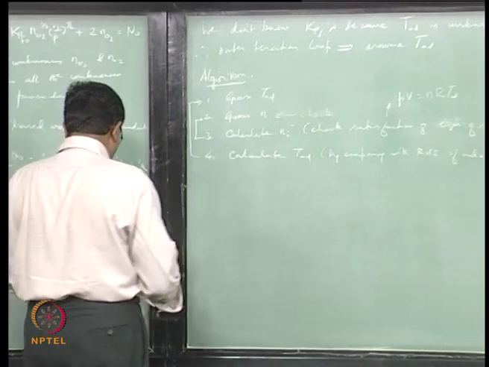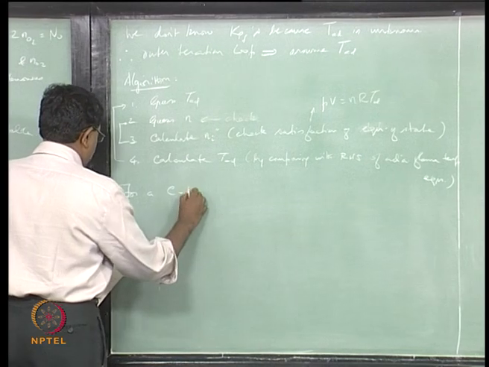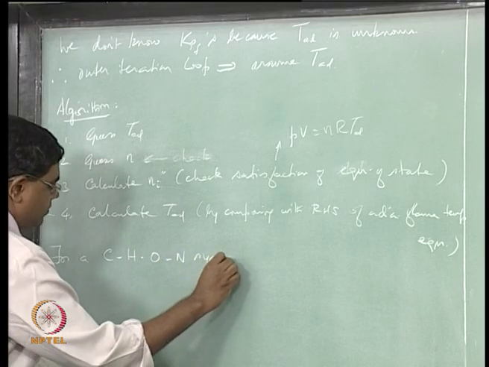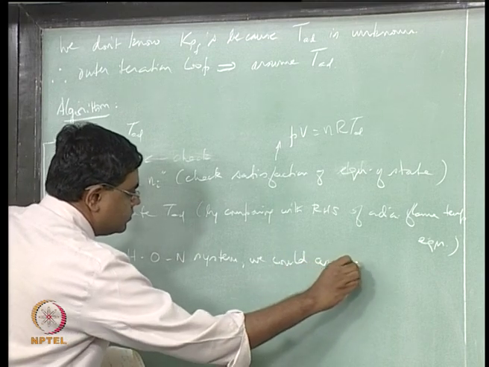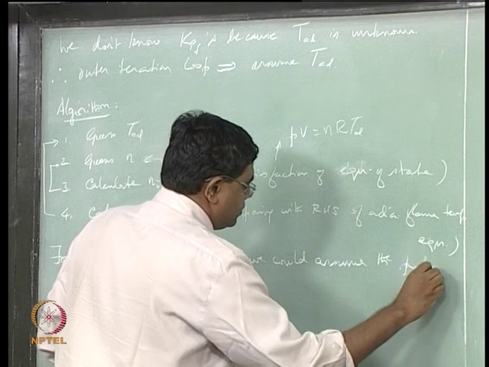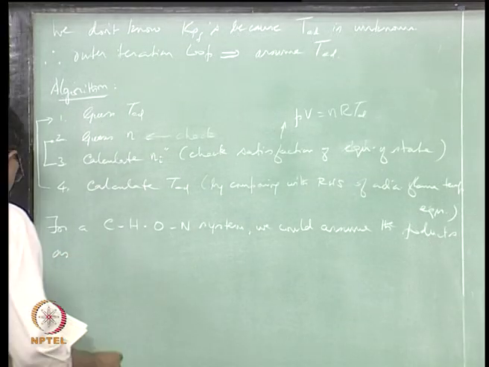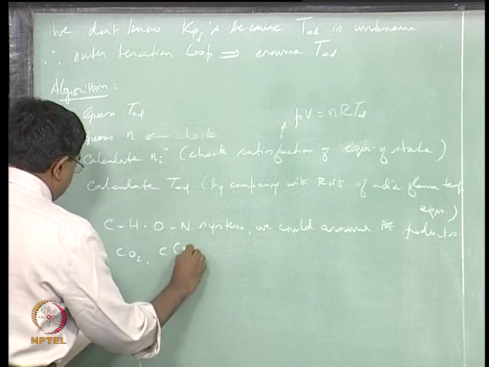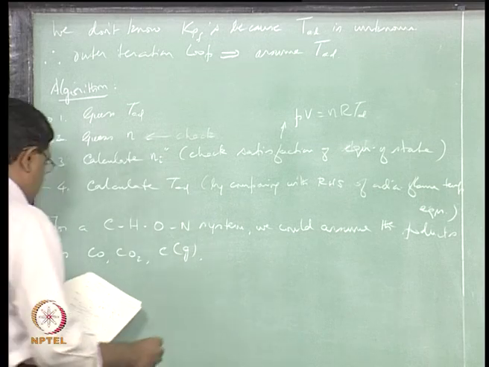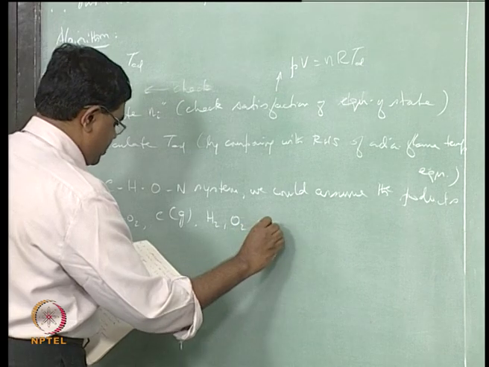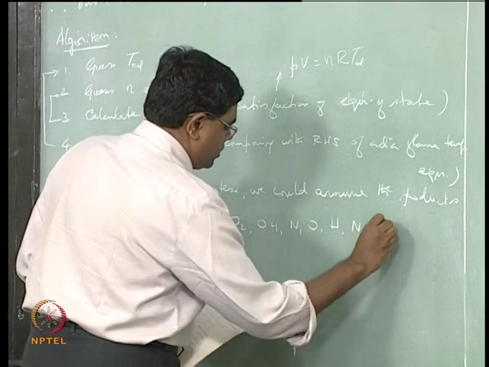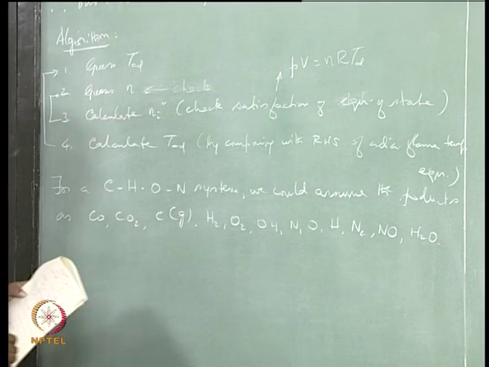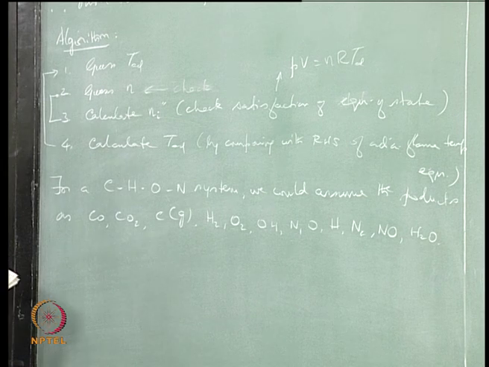So for example, for a carbon, hydrogen, oxygen, nitrogen system, right, we could assume the products as CO, CO2, carbon in gaseous form at these temperatures, okay, H2, O2, OH, NO, H, N2, NO, H2O, etc. Right, and so then there are some initial guesses that we can also think about.